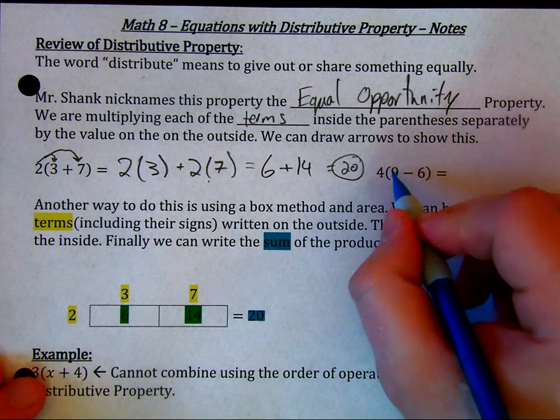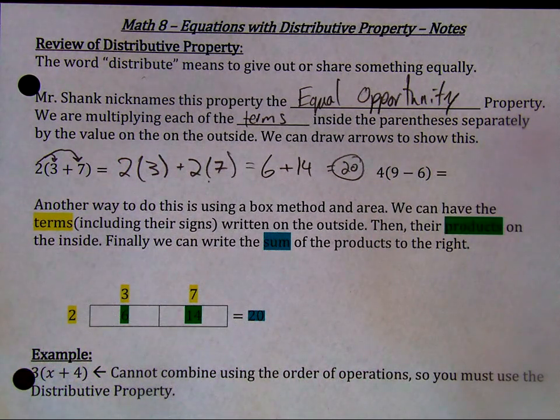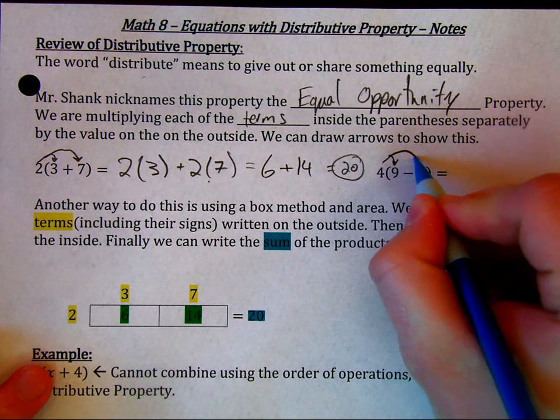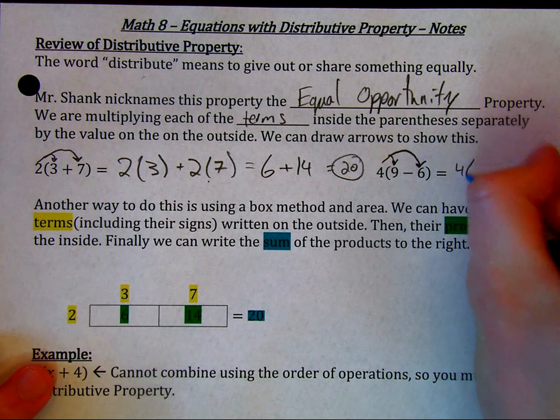Same idea. I do 4 times 9 and 4 times a negative 6. Again, be mindful of the sign as you are multiplying.